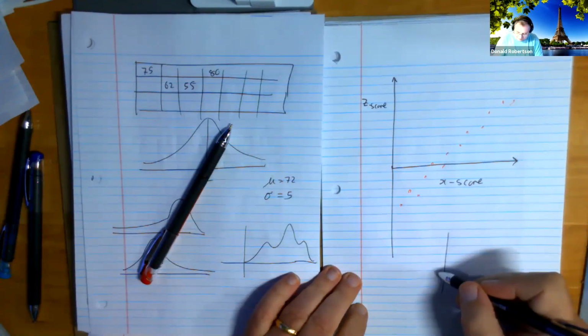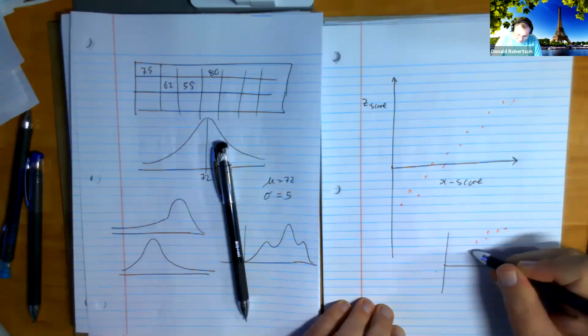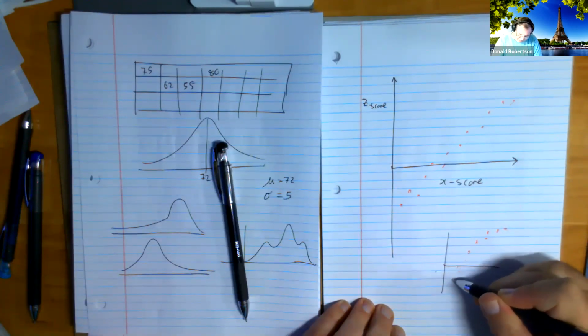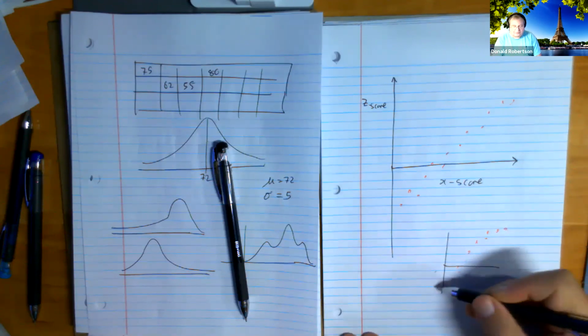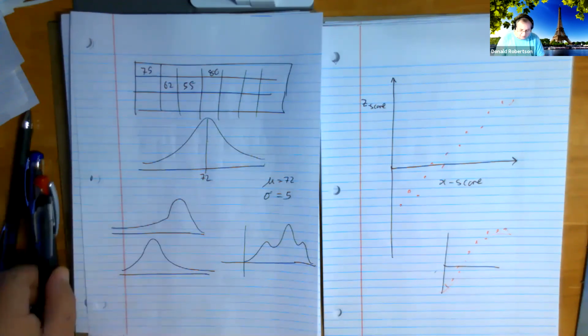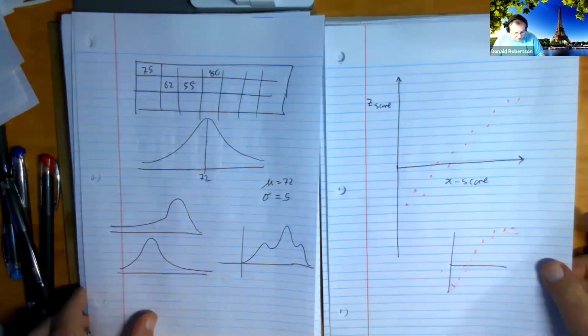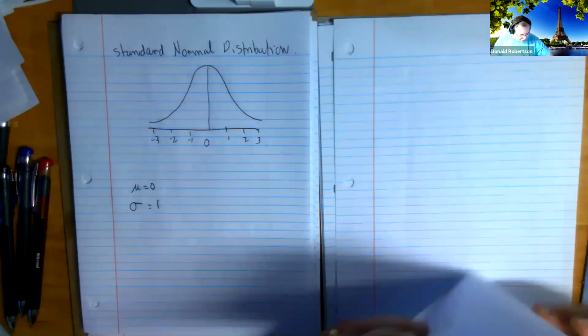If your dots look like this, you see a bit of curve going on here, isn't there? Then it's not a normal distribution. And that's how they decide whether or not we can do, you know, like IQ tests and so on, that we can do all this cool stuff.